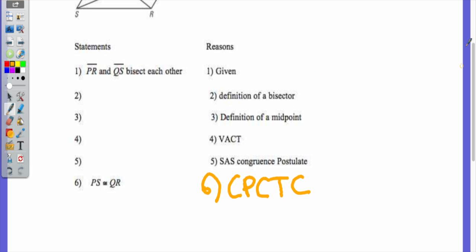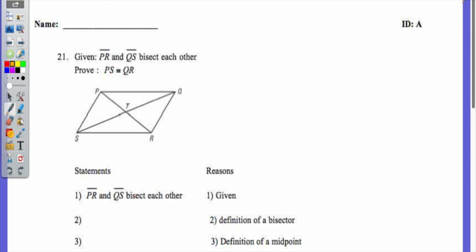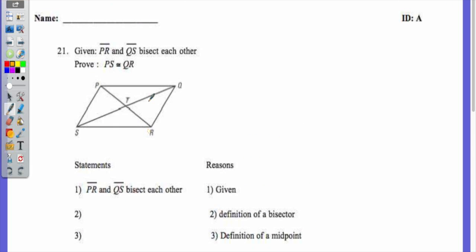So, we're told PR and QS bisect each other. So they bisect each other at point T, correct? So T is actually the midpoint. We can actually fill in statement 3 before we can even fill in statement 2. T is a midpoint of what?